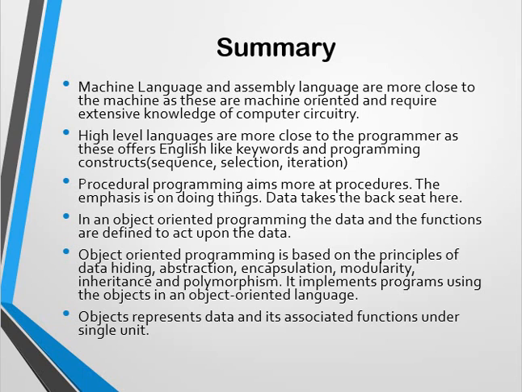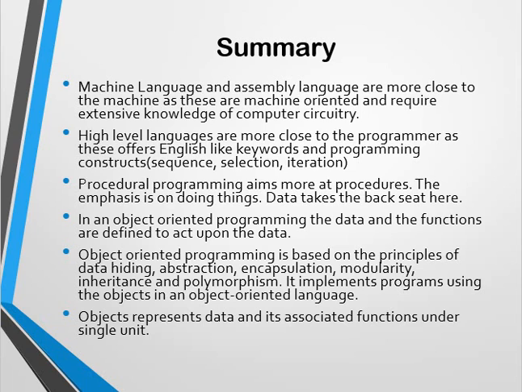In the case of procedural programming, which aims more at procedures, it emphasizes doing things. In object oriented programming language, we work with the data and the functions are defined to act upon the data. In object oriented programming, the object represents an entity that can store data and has its interface through functions.